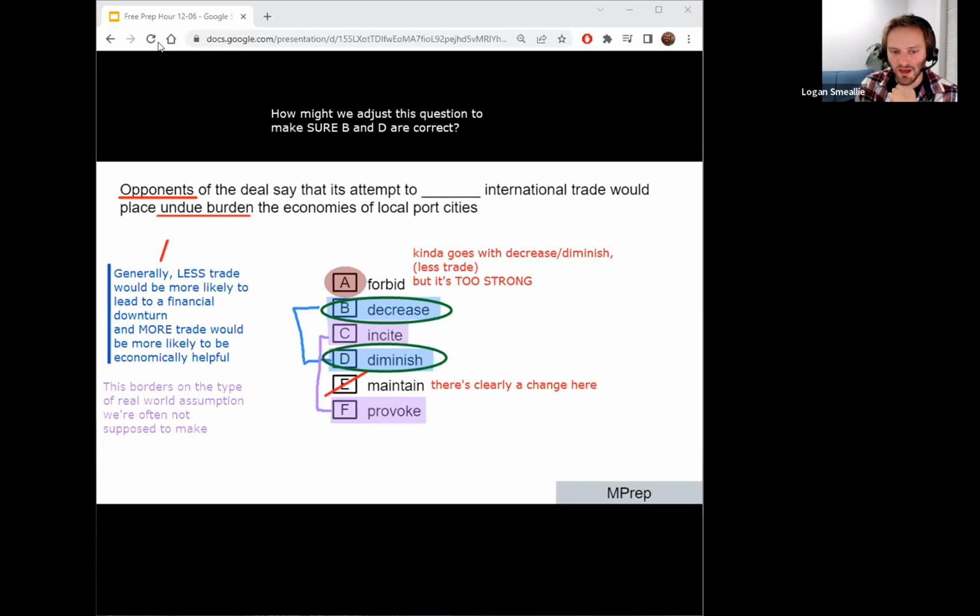I think I'm going to add something like the economies of local port cities that rely heavily on overseas shipping.